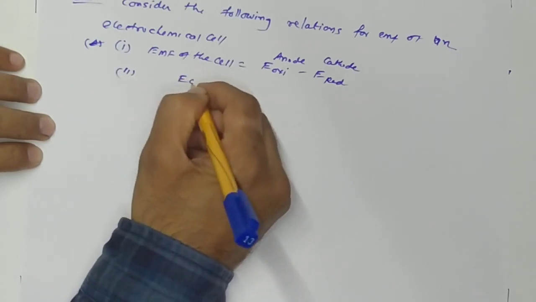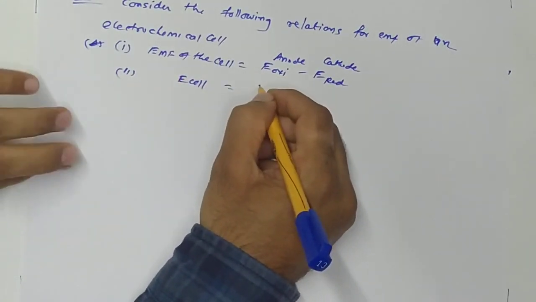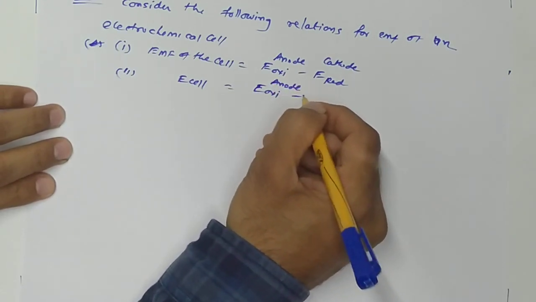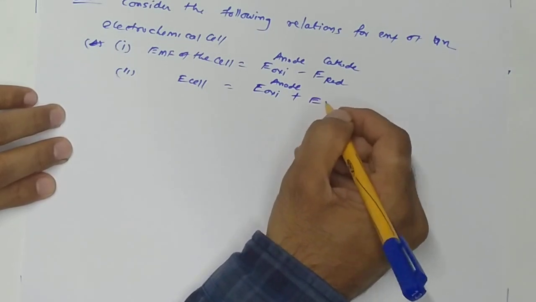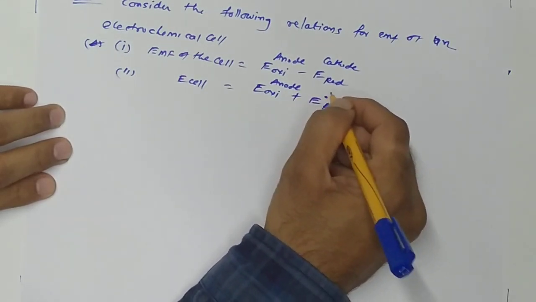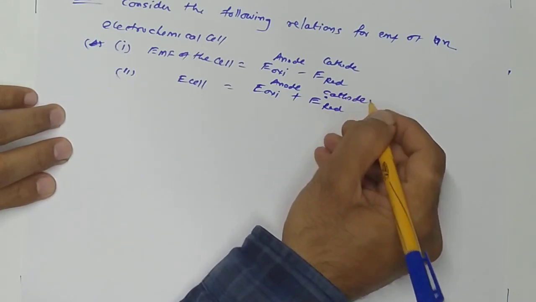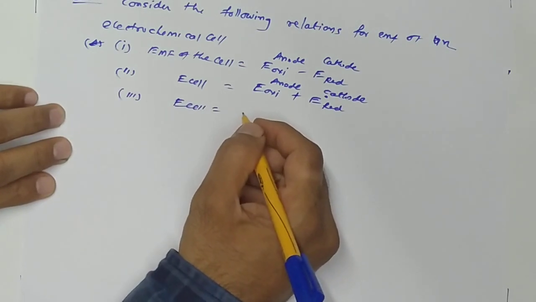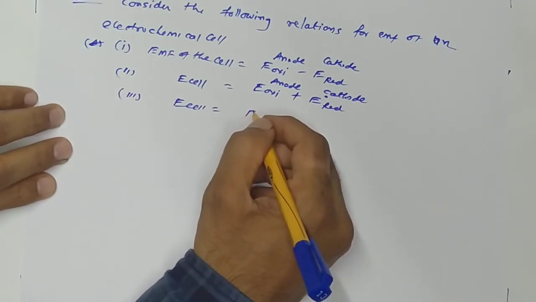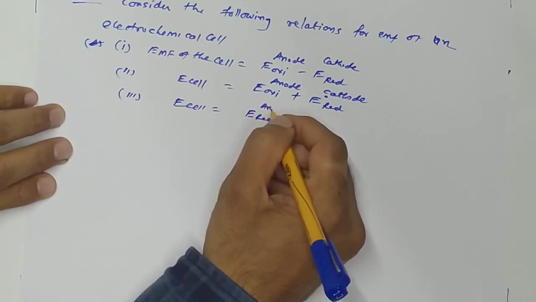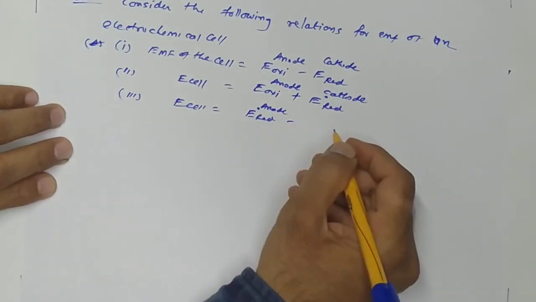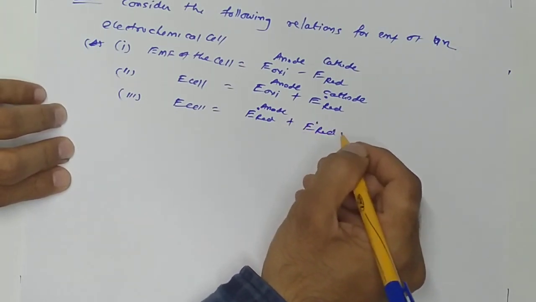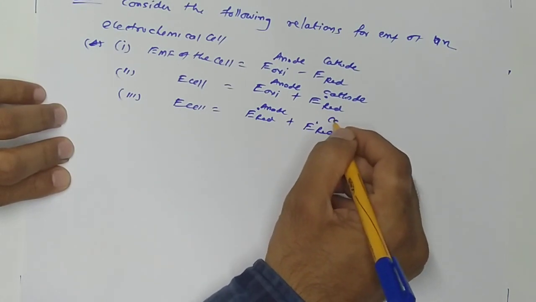Second, E cell equals oxidation potential of the anode plus reduction potential of the cathode. Third, E cell equals reduction potential of the anode plus reduction potential of the cathode.